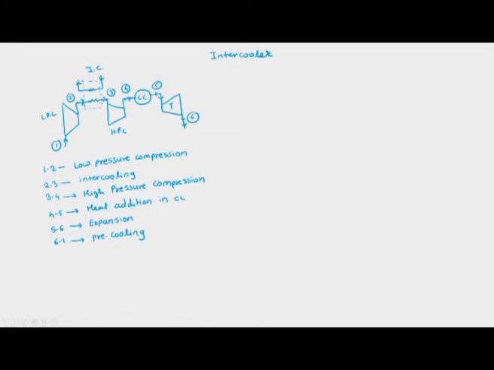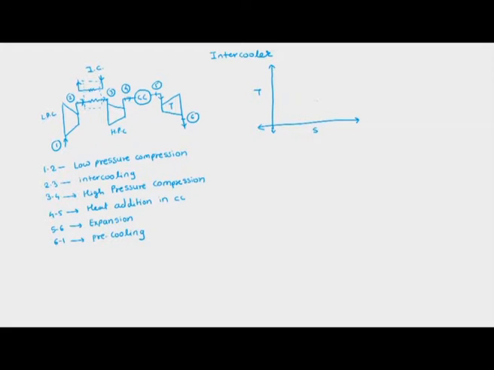Having done this, we will again, like last time, try to draw the TS and PV diagram for the intercooling based Brayton cycle.